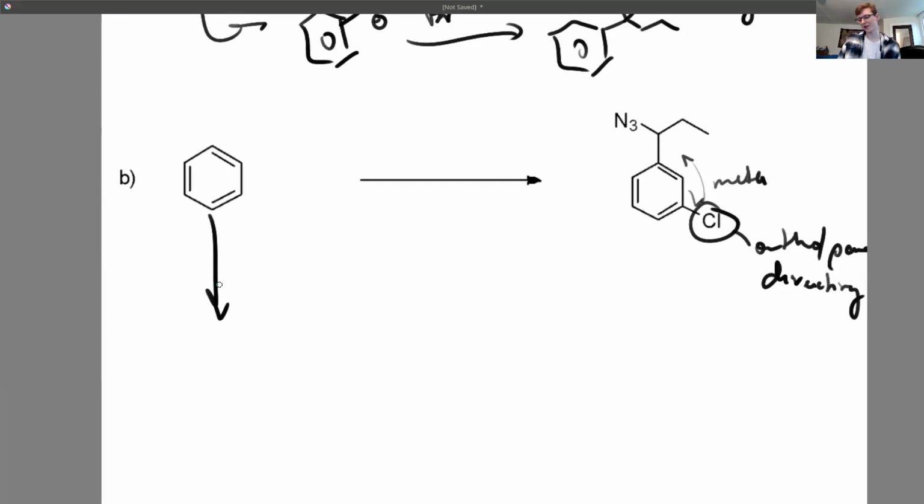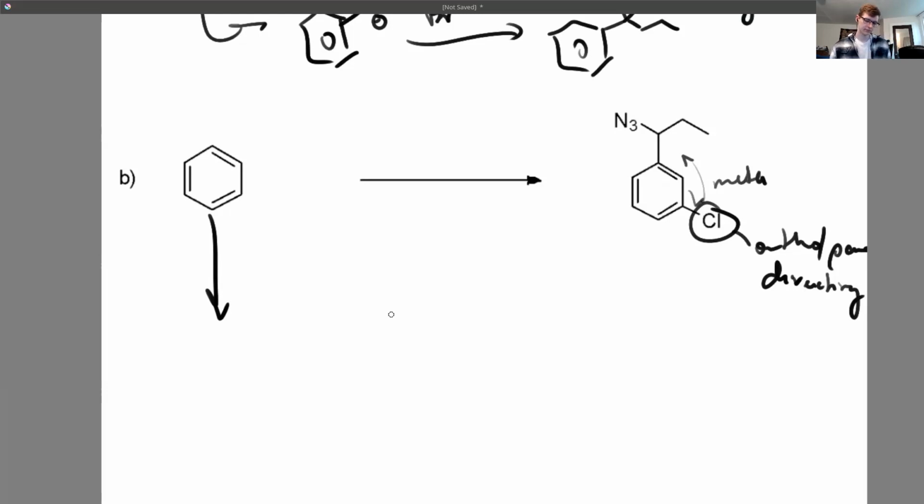So I guess we'd rather add the carbon chain on first, right? Mm-hmm. If we want the carbon chain to be meta directing though, what reaction should we do? So let's see.